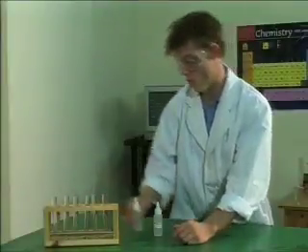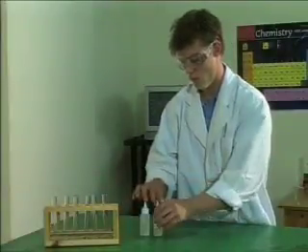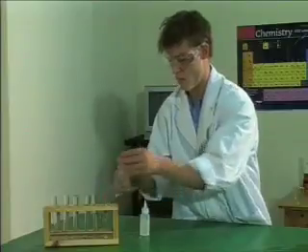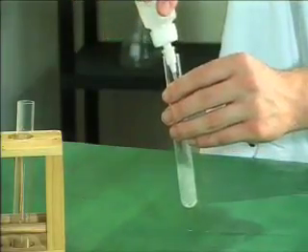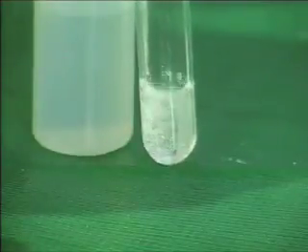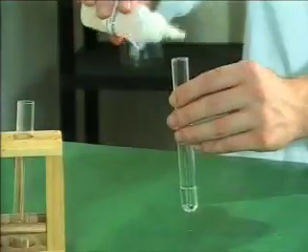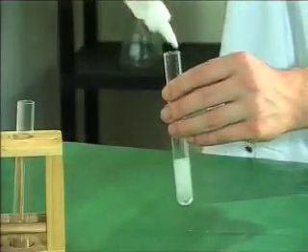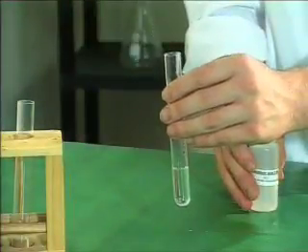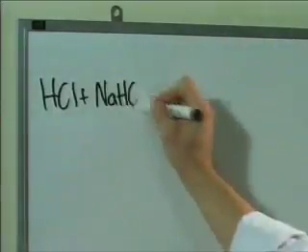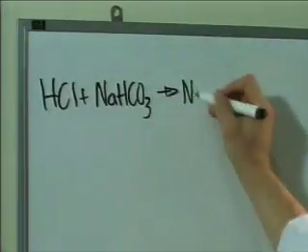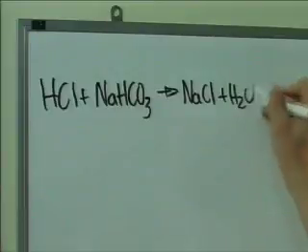And finally, when an acid reacts with a hydrogen carbonate compound, salt, water, and carbon dioxide are produced again. Like when we add hydrochloric acid to sodium hydrogen carbonate, this is what happens. The products are sodium chloride, water, and carbon dioxide.